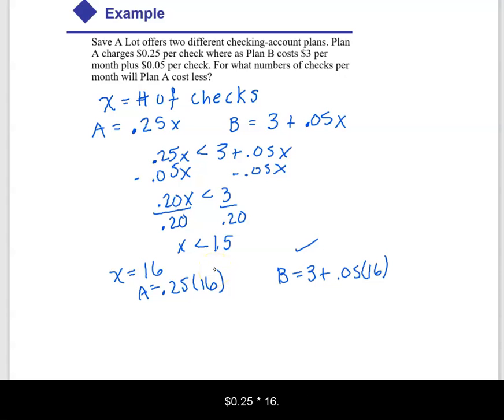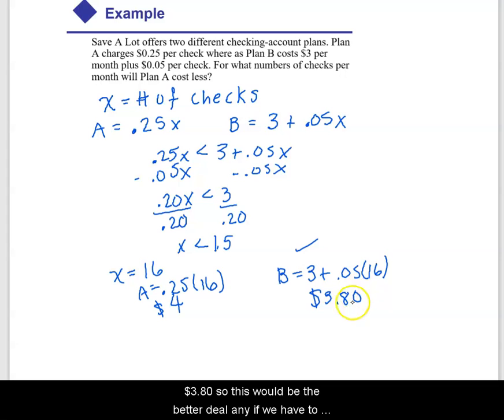So 25 cents times 16 is going to give me $4, right? And 3 plus 5 cents times 16 is $3.80. So this would be the better deal if we have to go 15 or over.